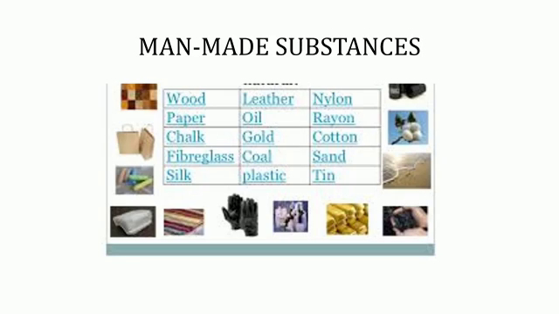New substances produced by processing naturally available substances are called man-made substances. Naturally available substances are chemically treated to make new substances and these substances are called man-made substances.